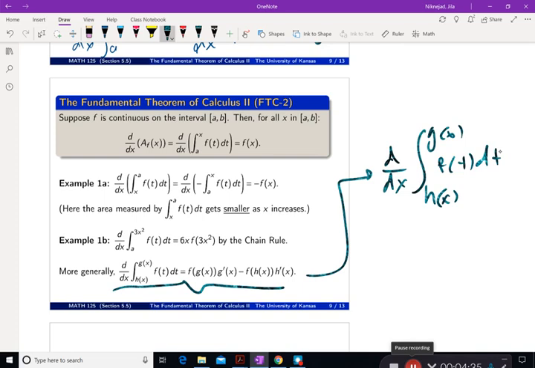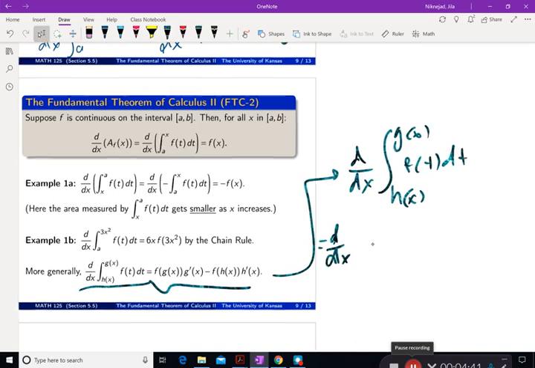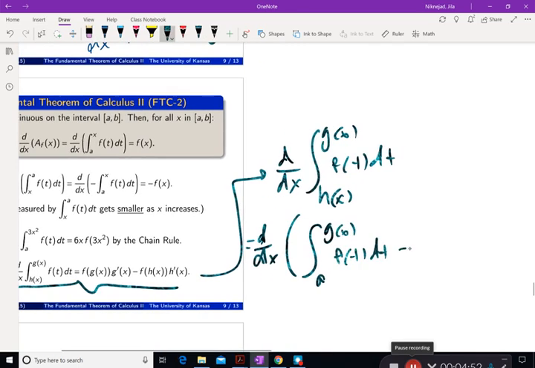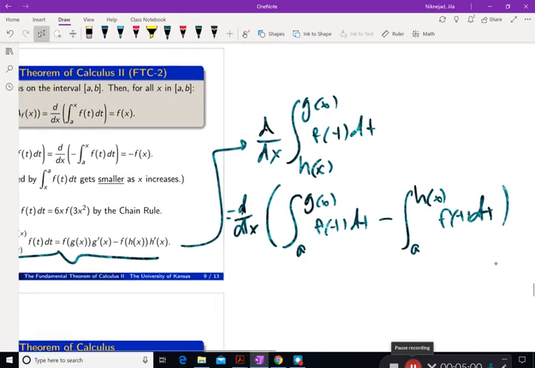In this case, you have to remember that this is going to break down into d/dx of the integral, let's say, a to g of x of f of t dt minus the integral a to h of x of f of t dt. This is according to the properties that we had.